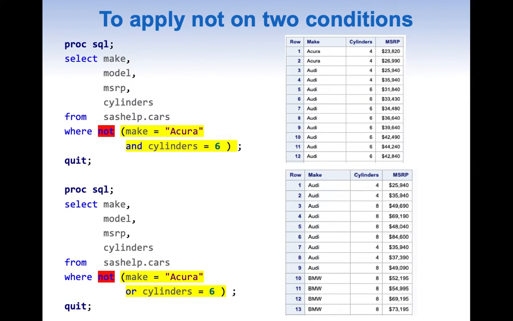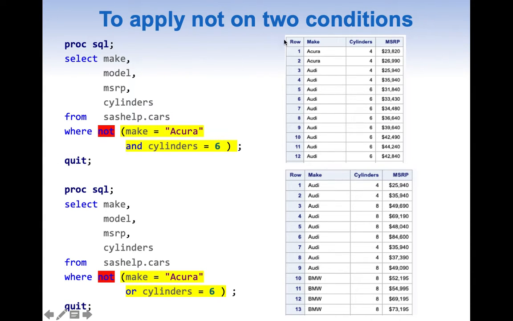Now let us see how we can apply a NOT operator on two conditions. The problem with NOT is that NOT has higher priority than AND or OR. So whenever we put NOT with any other condition, NOT always has the higher precedence.